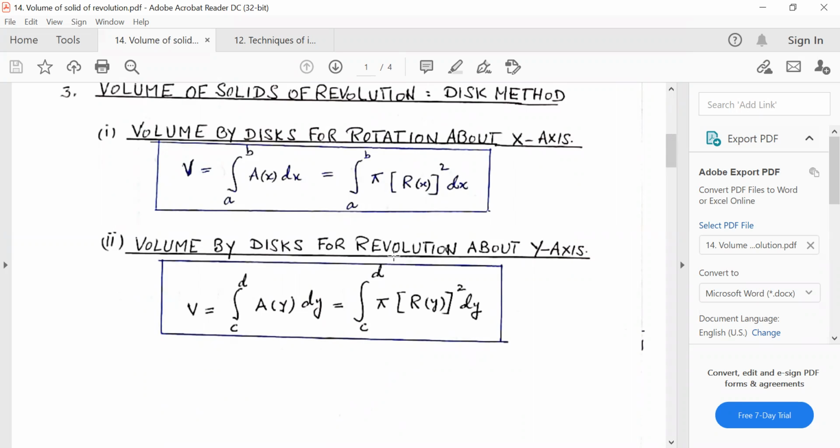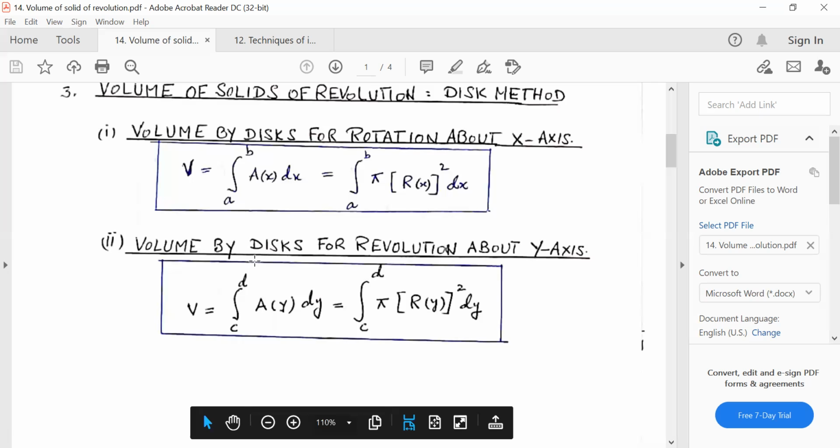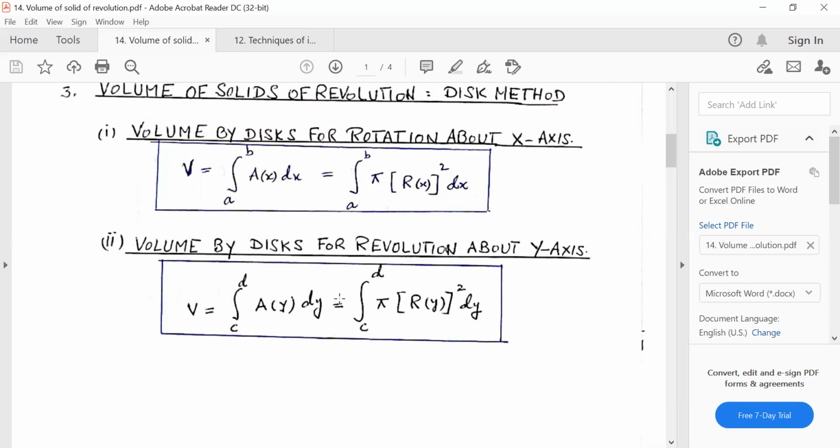So volume by the disk for the revolution about the y-axis, the formula will be V, integral c to d. This is the same as a to b, okay? But just to keep it in your mind, here we are taking volume about the y-axis. A(y) into dy, the area which is being revolved about the y-axis. c to d are the limits.